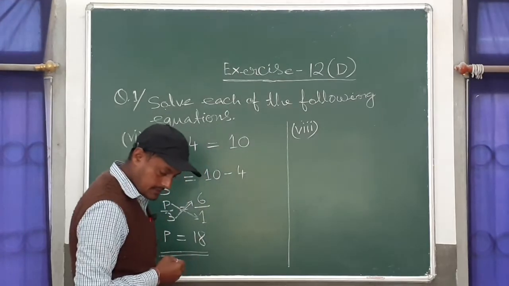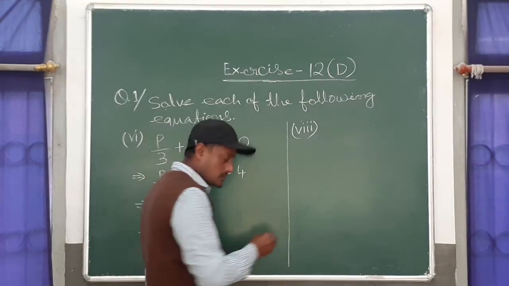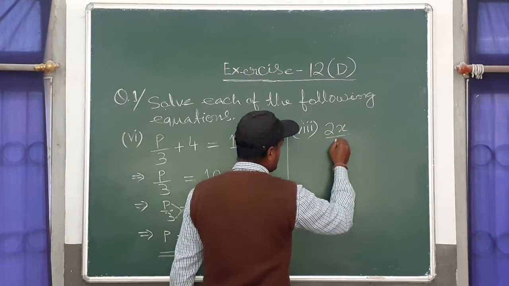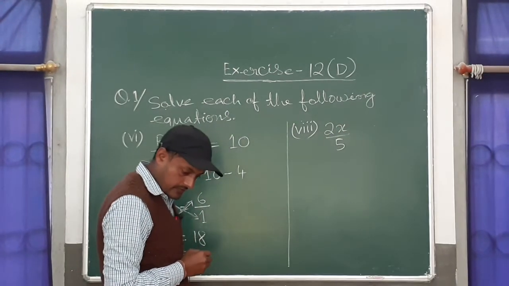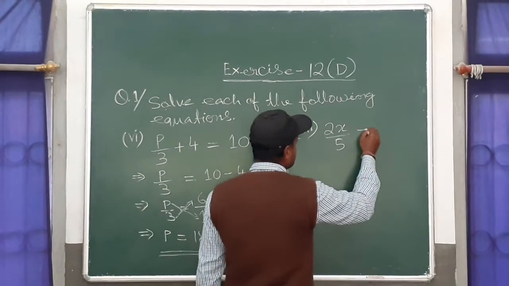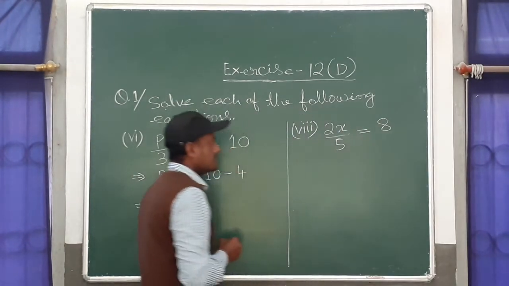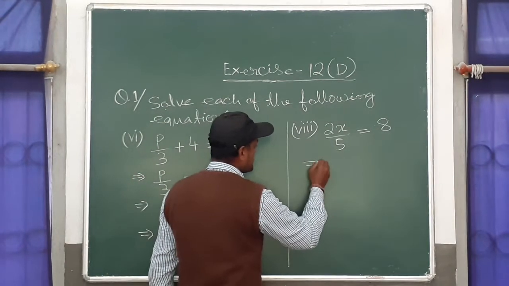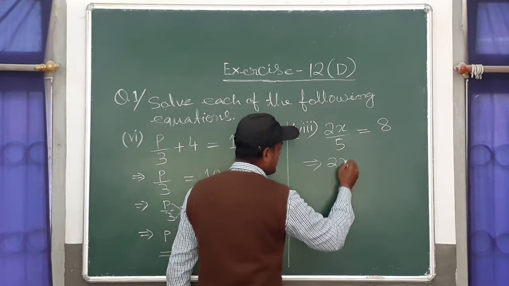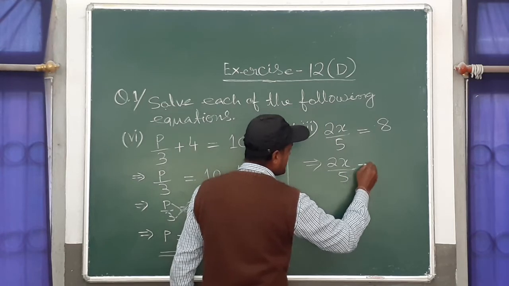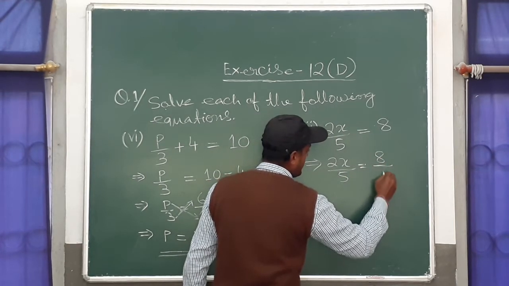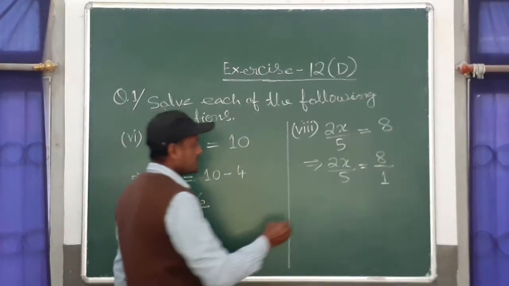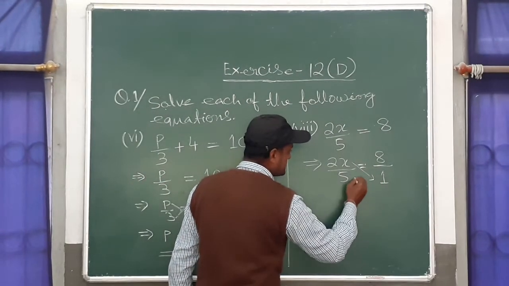Part 8, and the question is 2x upon 5 is equal to 8. We can write this one, 2x upon 5 is equal to 8 upon 1. Again, here what we will do? We will do the cross multiplication.